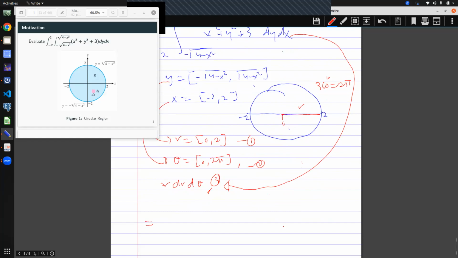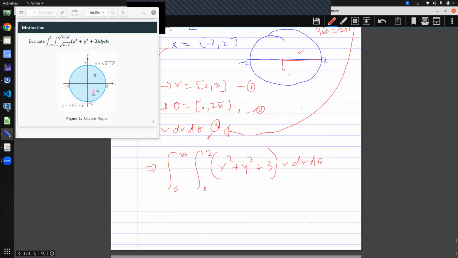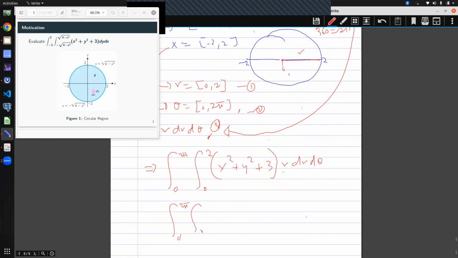So this is given as 0 to 2 pi, 0 to 2 for the radius, x squared plus y squared plus 3 times r dr d theta. You can simplify this further, sorry. And how do we do that? So I'll have this representation. Oh, okay.